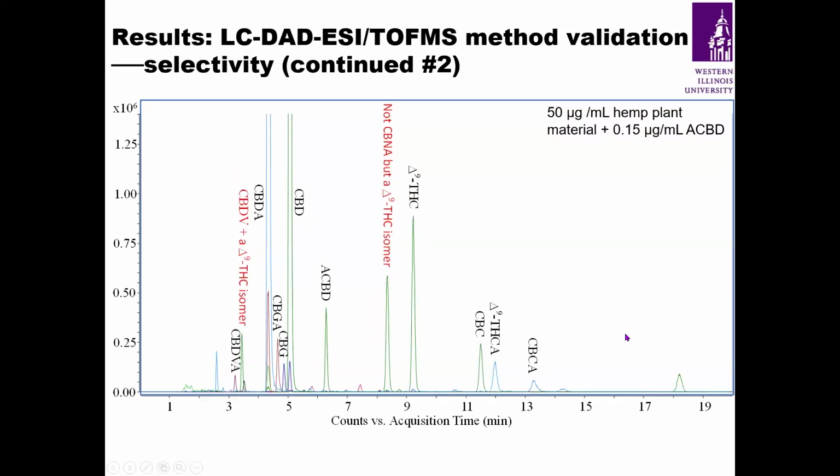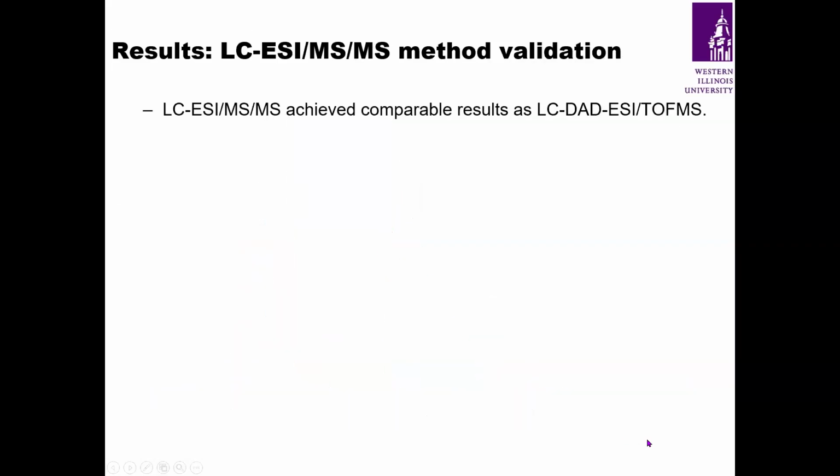Now here's another example. CBDV coeluted with a delta-9 THC isomer. In this case, though, both of them have similar UV absorption spectra. Now this peak was supposed to be a CBNA, but actually it showed up as a delta-9 THC isomer. This pair, though, had a different UV absorption spectrum.